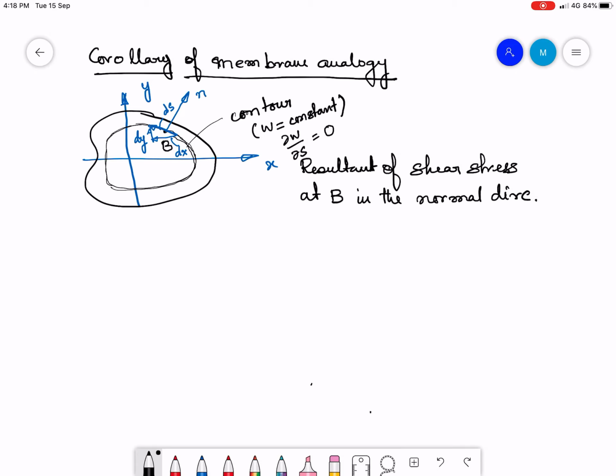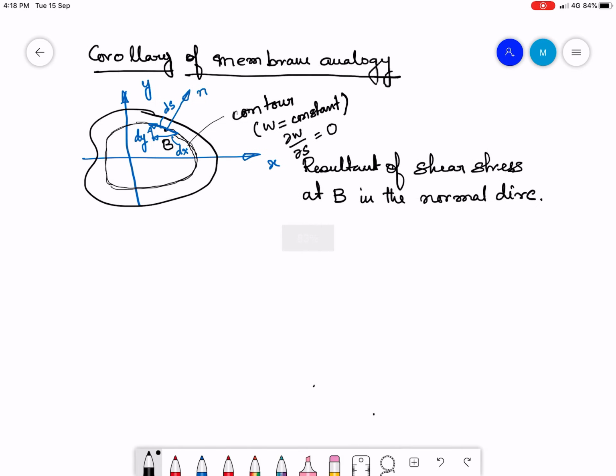Now, what we are trying to do is to find out the resultant of shear stress at P in the normal direction. Okay. So, what is going to be the resultant of shear stress? Let me call this angle theta. Okay. So, the resultant of shear stress is tau x z into cos theta plus tau y z into sin theta.